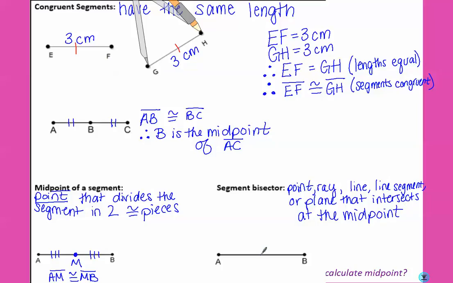So if we have M being our midpoint, and we have the line M, and we'll make a point down here C to state our line, we have the line MC going through the segment AB at its midpoint. So we would say the line MC bisects the segment AB.